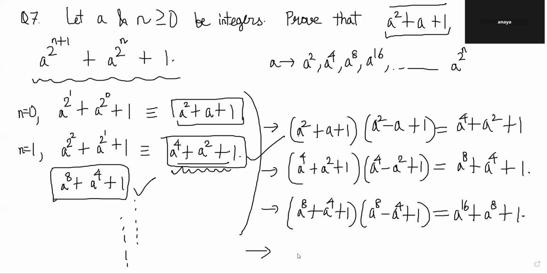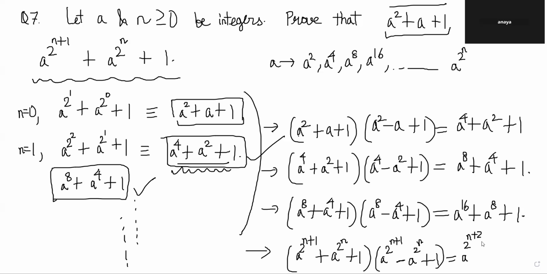So it is a power 2 power n plus 1 plus a power 2 power n plus 1, and a power 2 power n plus 1 minus a power 2 power n plus 1 will be equal to, this side, a power 2 power n plus 2 plus a power 2 power n plus 1 plus 1. This is that last identity if you keep doing this replacement.